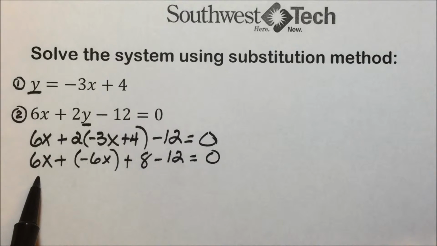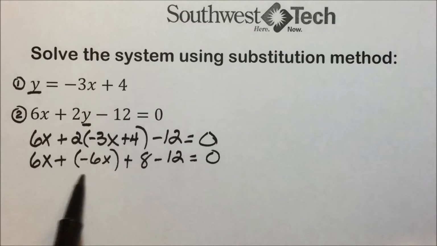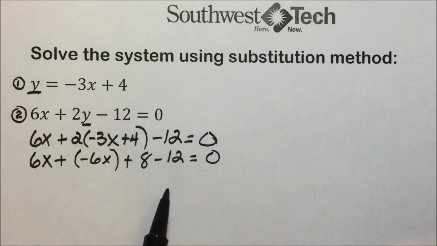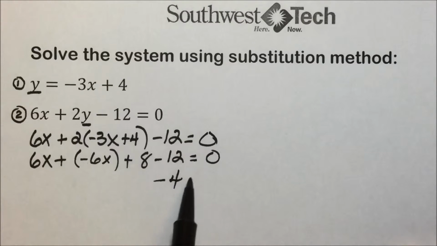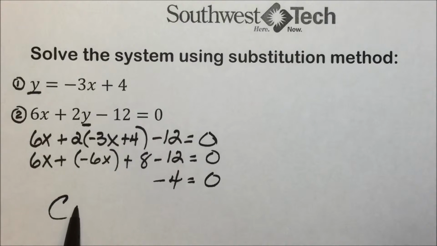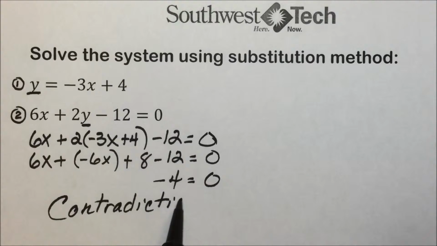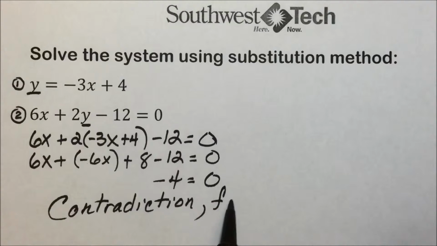Simplifying further by combining like terms, the x terms are additive inverses and they cancel out, leaving us with 8 minus 12, or 8 plus a negative 12, which is a negative 4, is equal to 0. What we have is a contradiction. And furthermore, it's false. Negative 4 does not equal 0.